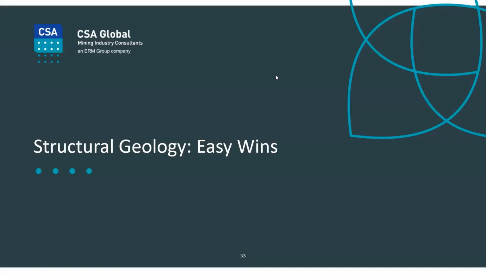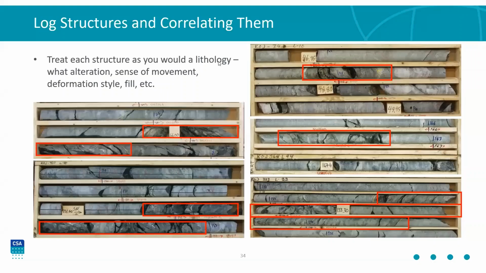So the first one, which seems really obvious, is log structures and correlate them. What I mean here is trying to treat each structure as an individual lithology. So not just saying fault, fault, fault, fault, shear, shear, shear. Right, as you build up a data set of different cores in different places, try to link those structures together and then treat them as a specific structure.